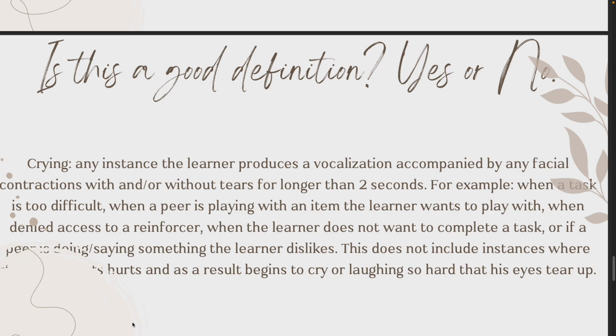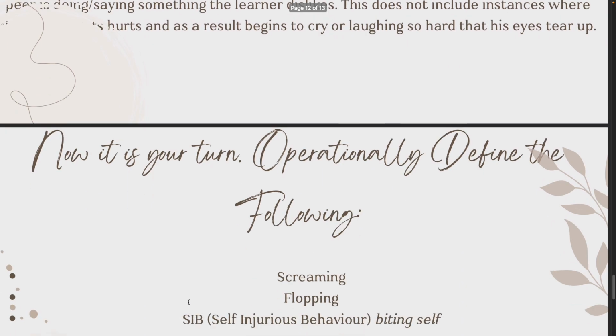I would include these things in all of the definitions as well, like about 3 to 4 definitions. And I do like the non-examples that this person also used to indicate when it's not applicable. So even if this person is crying in these certain situations, it wouldn't count. Okay? So I would say that this definition is good.